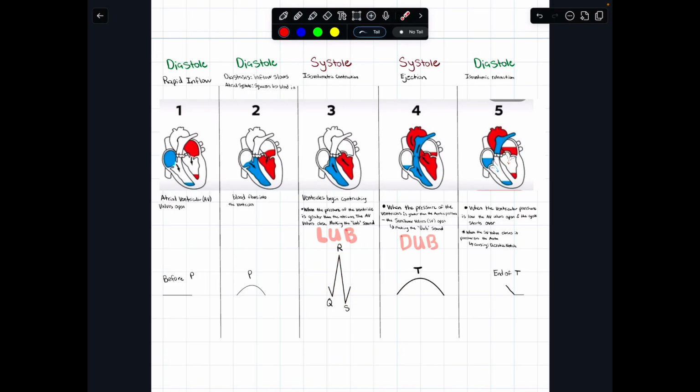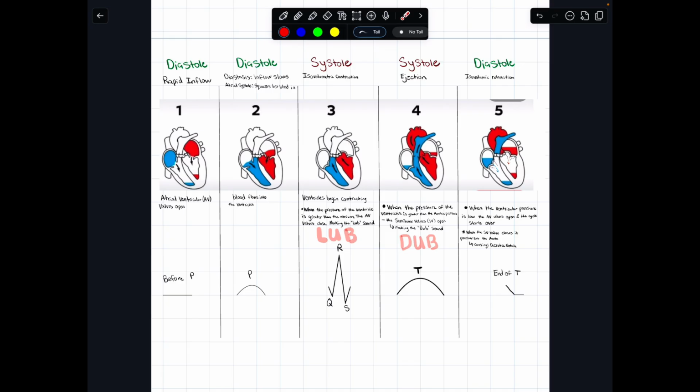And so finally we're left with the ejection. Now our pressure from the ventricles has gotten more than the pressure of our aortic and pulmonary, our arterial place. So then these push out and these SV valves open because there's more pressure.